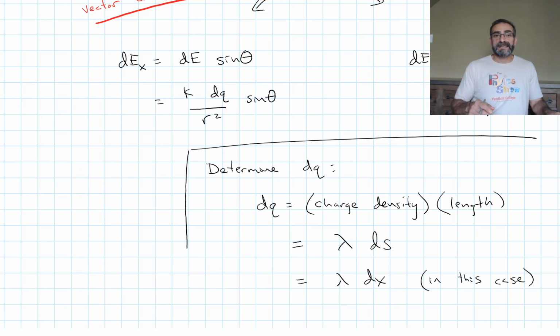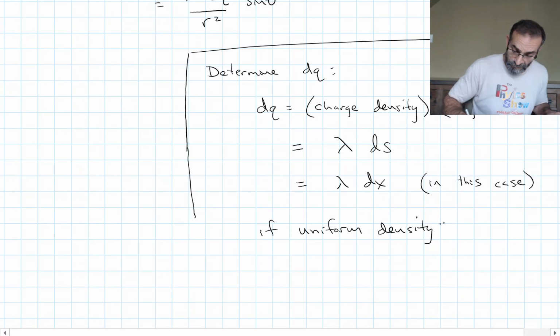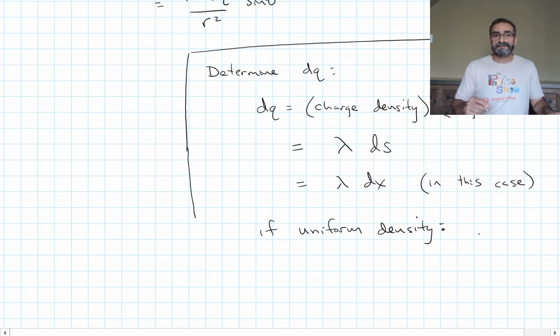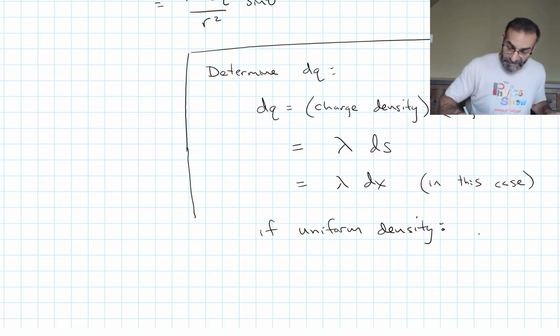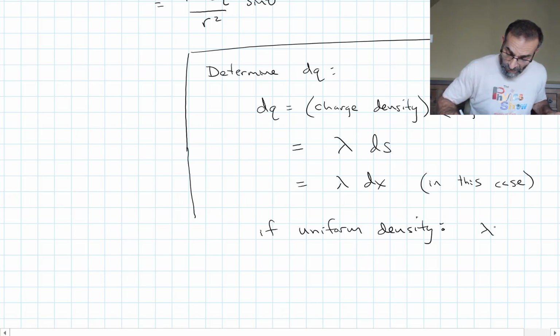In this case, it's going to be dx. If we have uniform charge density, which we do in this case, then lambda is equal to the total charge over the total length. So what do we get for dq?